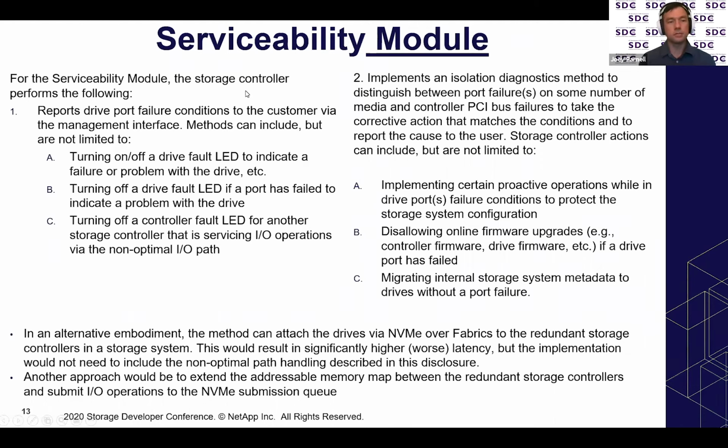What we will do automatically is turn on the drive fault LED to indicate, when the system engineer goes back into the lab, they can see, oh, this is the one that's got the issue. And then when the issue is resolved later, we'll turn off that LED.